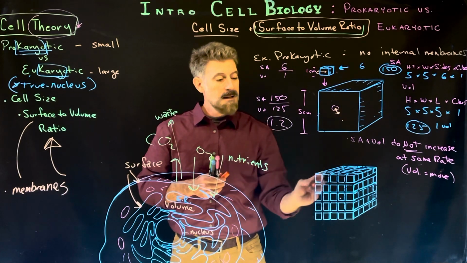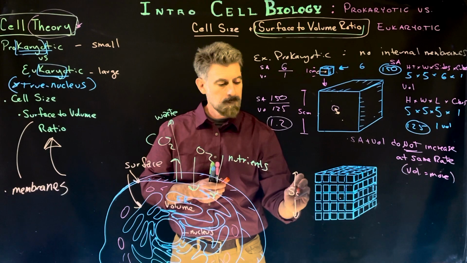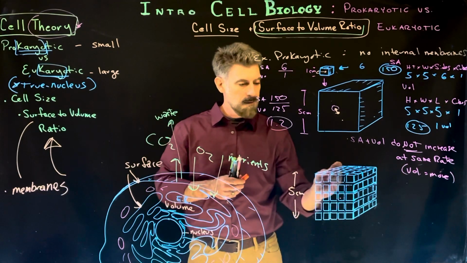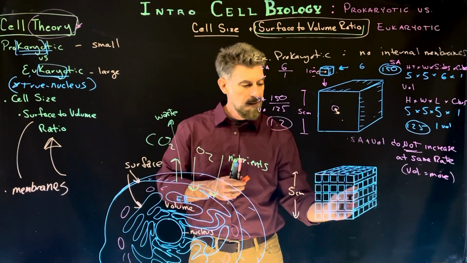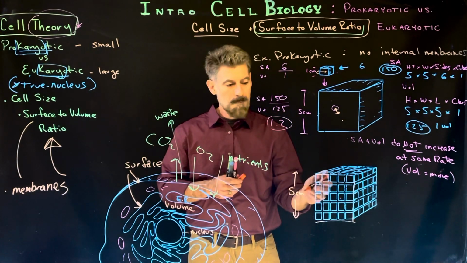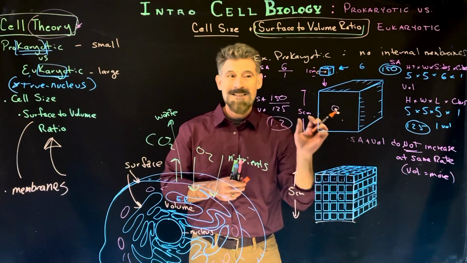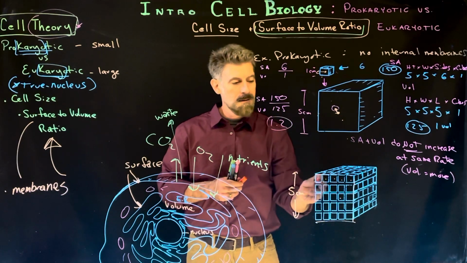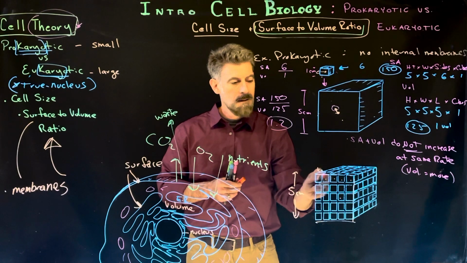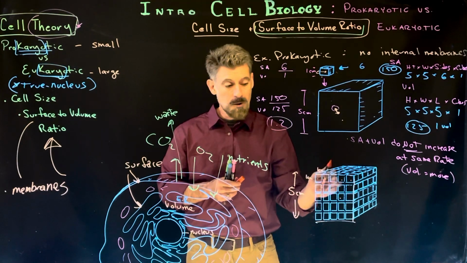This is the same sized cube, so this is going to be the 5 centimeters. Right, in both dimensions. This dimension here, 5. This dimension here, 5. But what's happened in this example is we've broken it up into 5 individual 1 centimeter cubes, so these are now 1 centimeter across, 1 centimeter tall, deep and so forth.